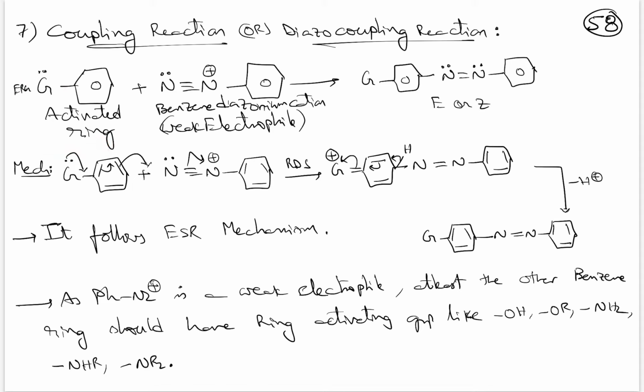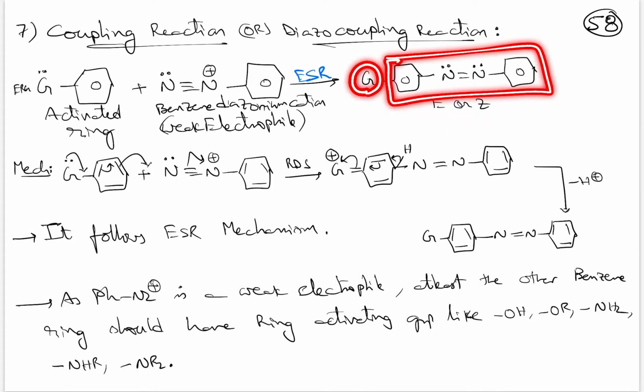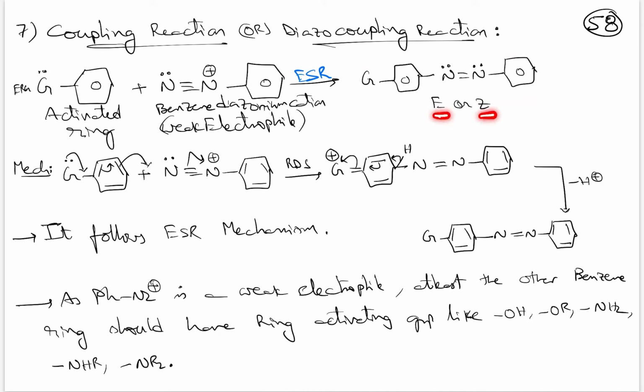The activated benzene ring will have some ring activating group like OH in phenol and NH2 in aniline, and such a compound will be treated with a benzene diazonium cation, and the benzene diazonium cation is a weak electrophile that will come and attack at the para position by an electrophilic substitution reaction, and this results in the formation of a substituted azobenzene, an azo dye. Geometrical isomerism is also possible.